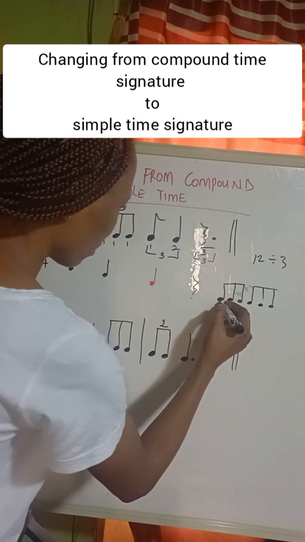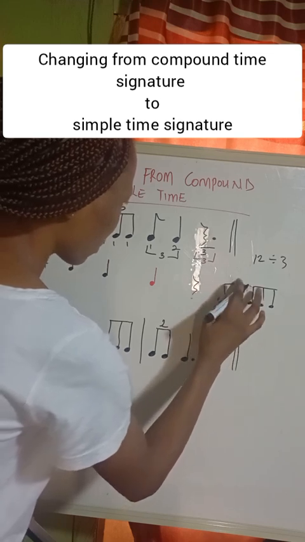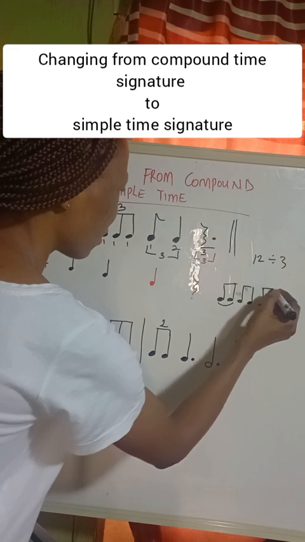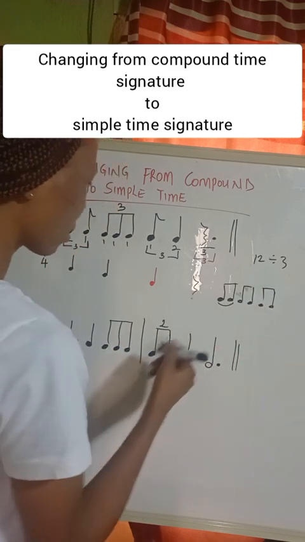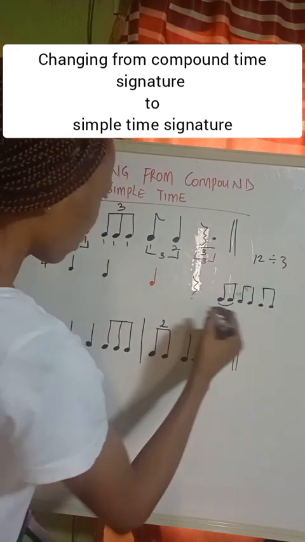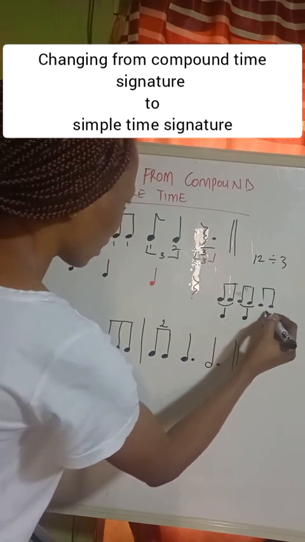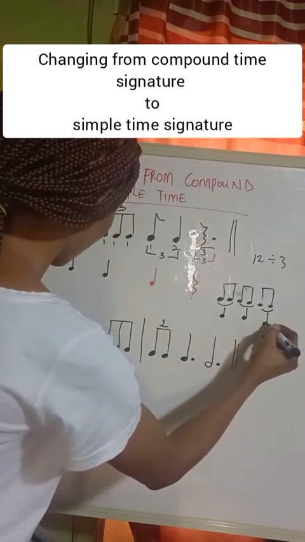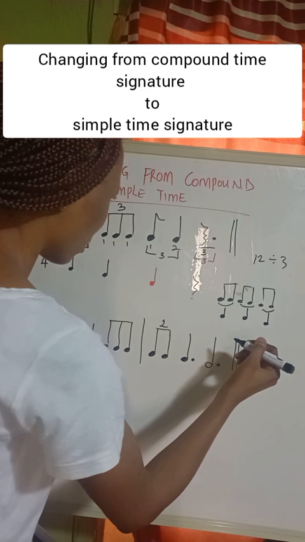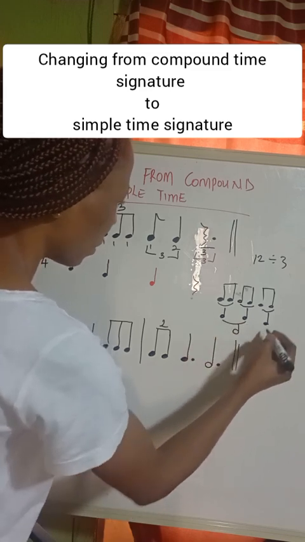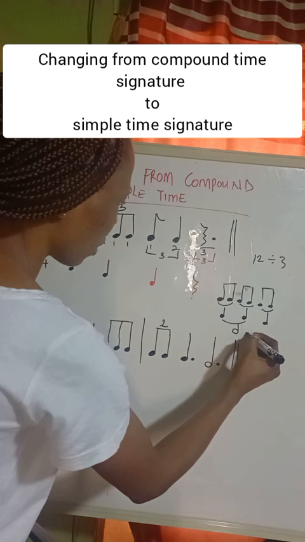We have here 2 of these. Anyway, let me take a shortcut, although it's not advised. It's not the right way of grouping 6 notes. So we have here 1 crochet, 1 crochet again, and 1 crochet, and here 2 crochets make 1 minim.